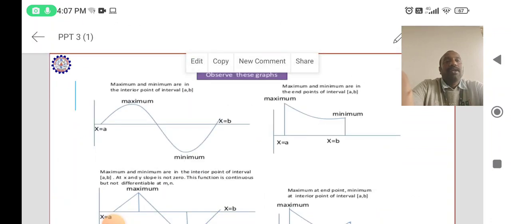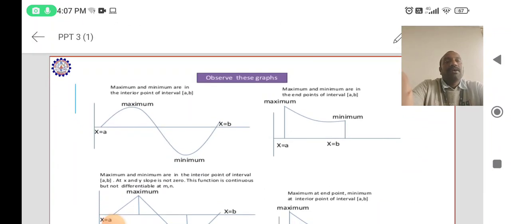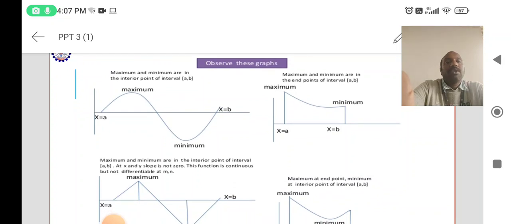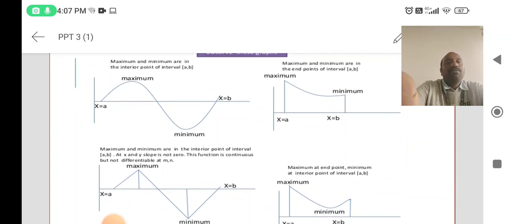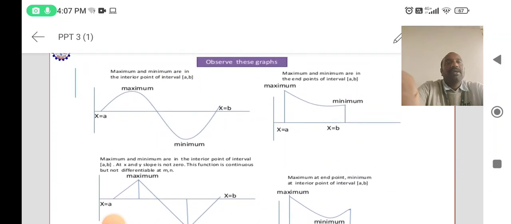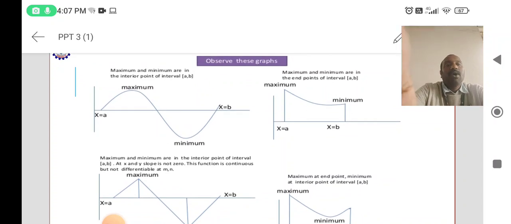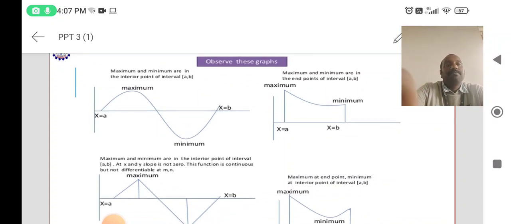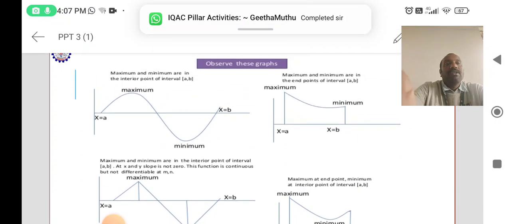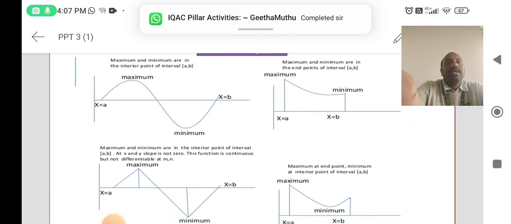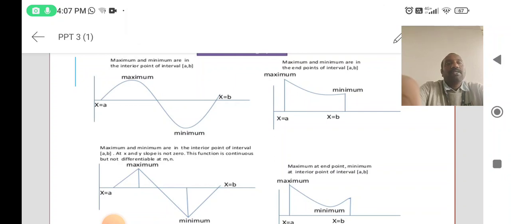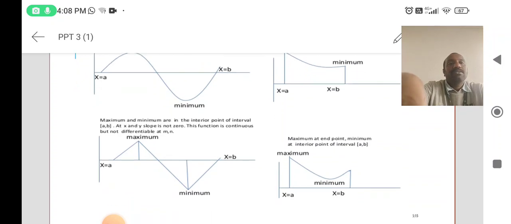Then the curves are given for the maximum value and minimum value. There are many curves given in the following statement. In this diagram we observe the maximum value and the minimum value: x equal to a is a maximum, and the nearby point x equal to b is a minimum.